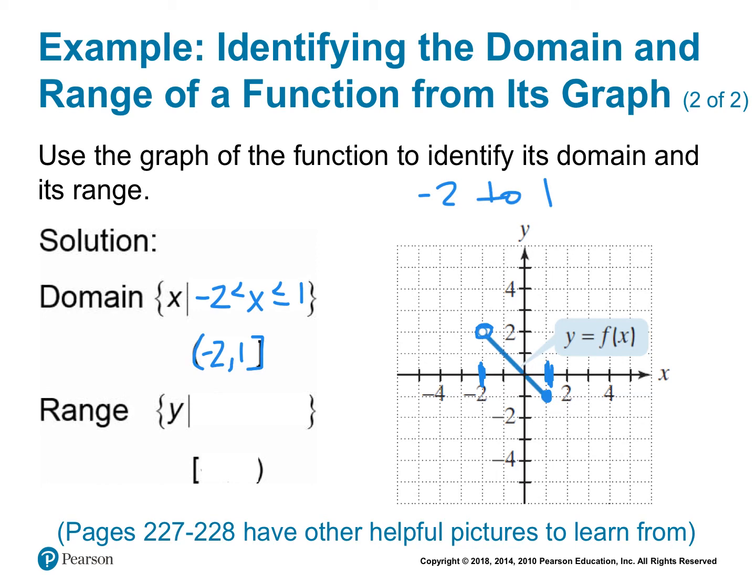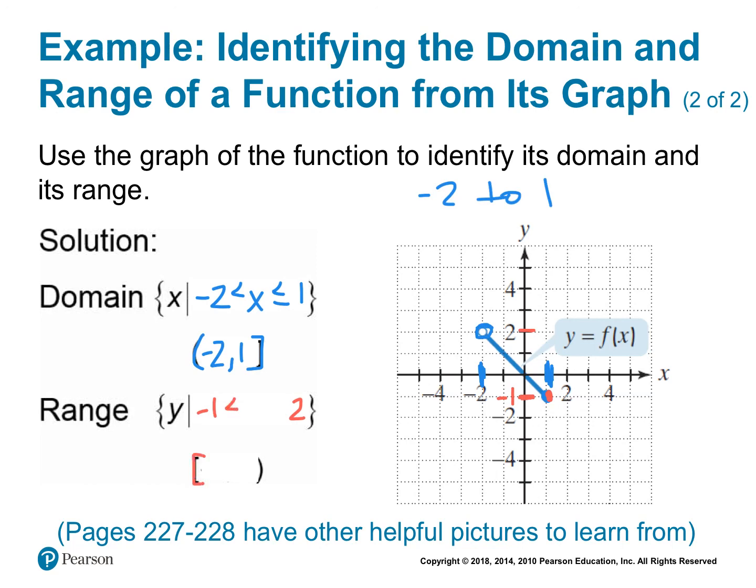Now the y, on my graph, the lowest point on the y-axis is here at -1. The highest that image goes is to the 2. So -1 is the minimum, 2 is the maximum. Now this minimum point is a closed dot, so that's why I have a bracket.